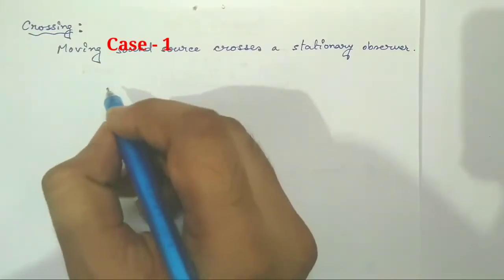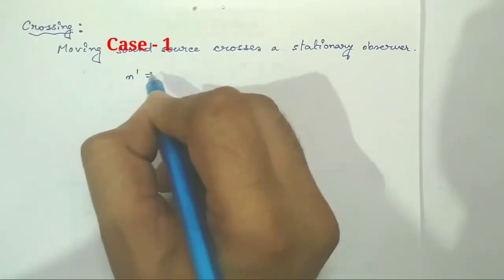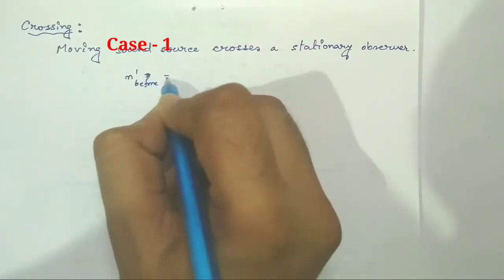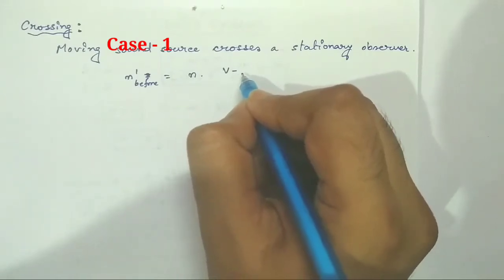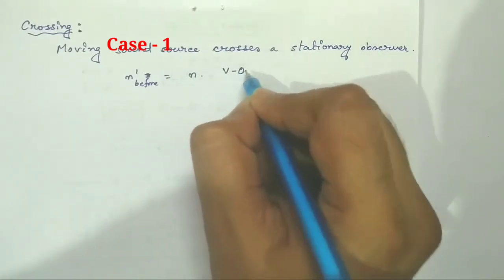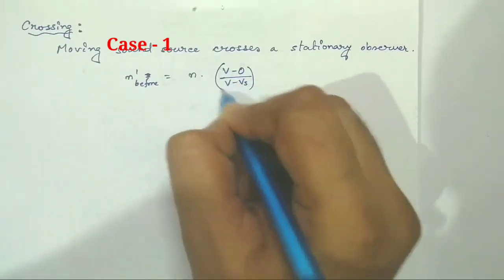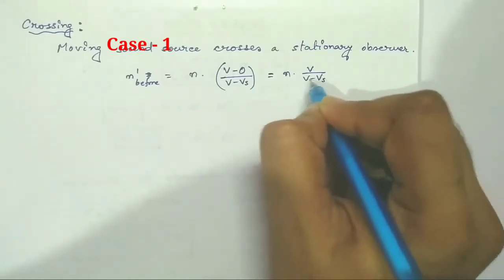Now let us see what exactly happens. The apparent frequency before crossing the station is given by n prime before, equal to n into (V minus VO) divided by (V minus Vs), but actually the observer is stationary, so VO equal to 0. So n into V divided by (V minus Vs).